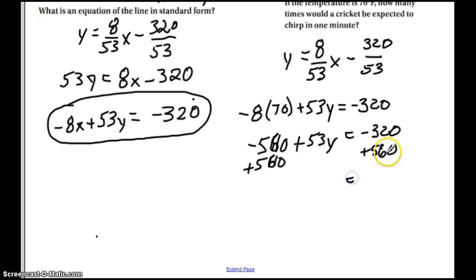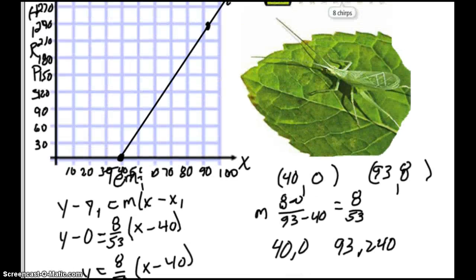And then combine these two, so that's going to be 240. Divide by 53. And a little bit of handy dandy calculator work is going to get you to about 4.53.